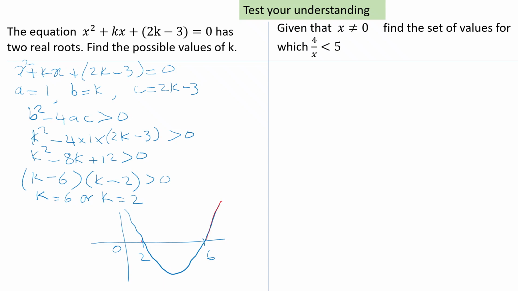So the inequalities are k greater than 6 and k less than 2.